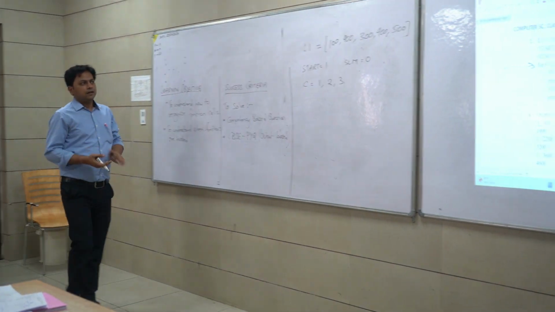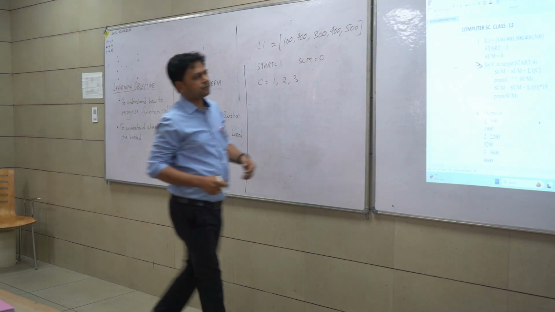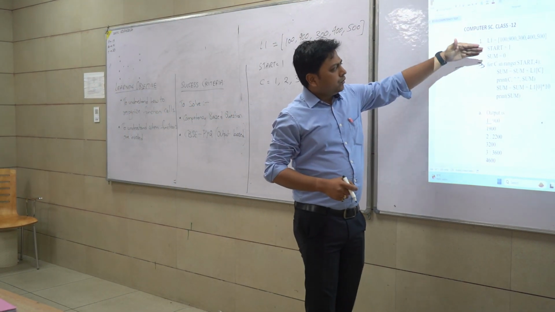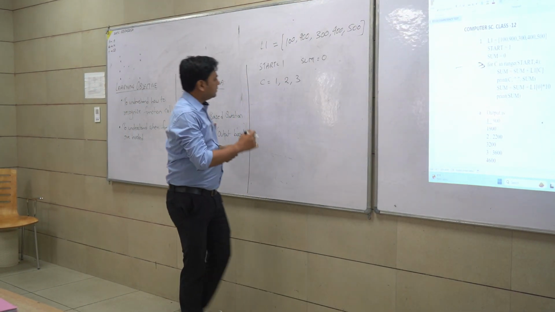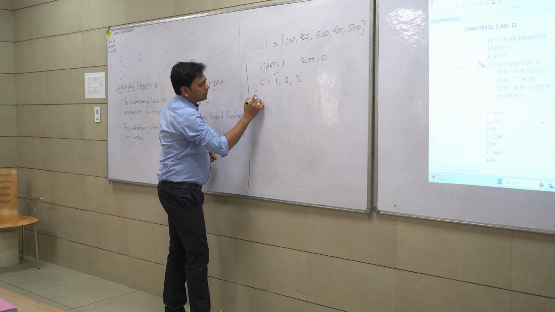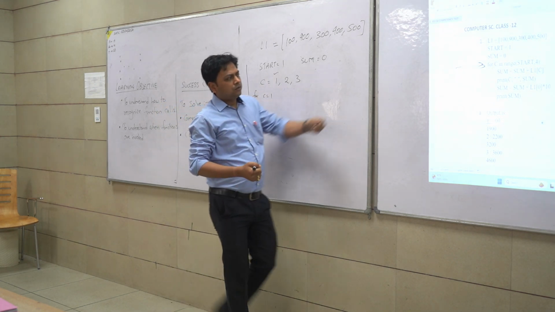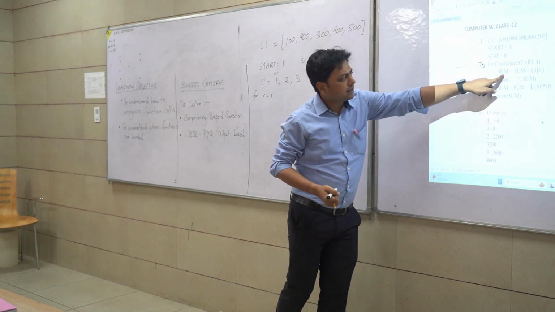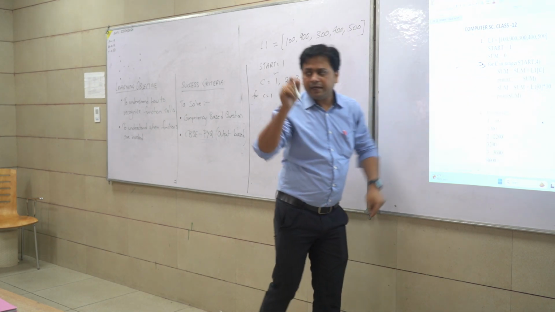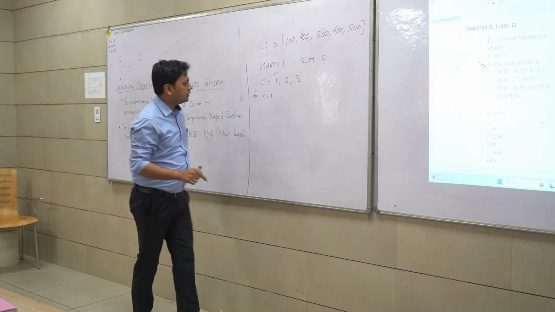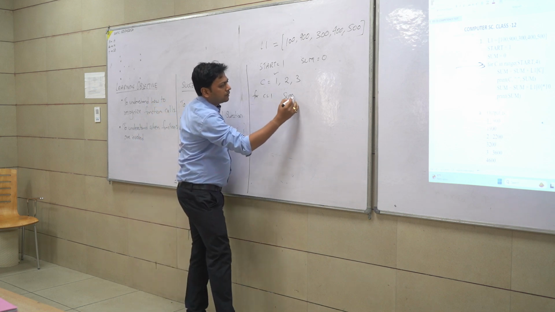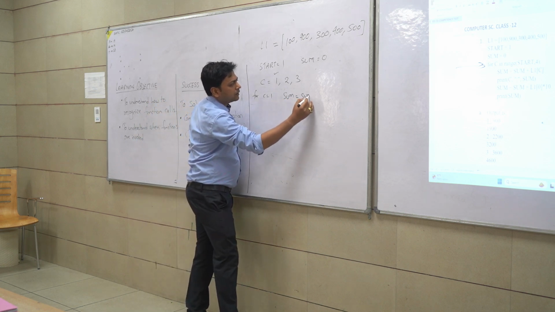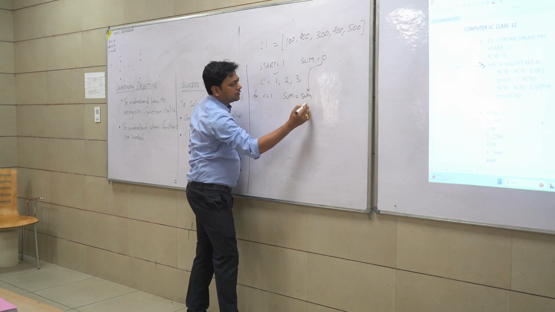Absolutely clear? Now let us move into the body of the loop. When the value of C is 1, we are getting inside the loop. Sum will be equal to sum plus L1 of C. What is the value of sum? 0.